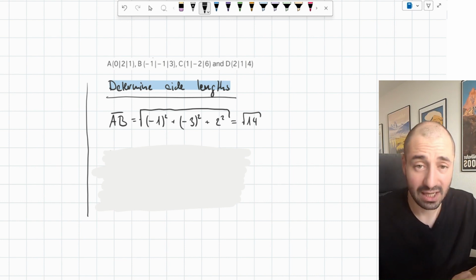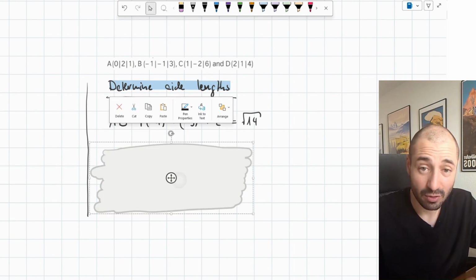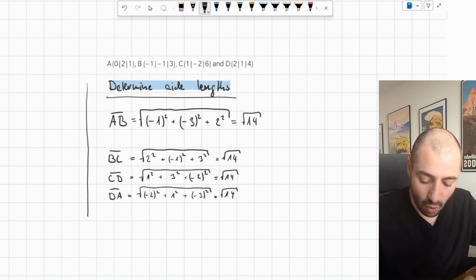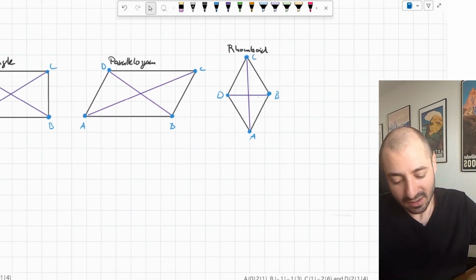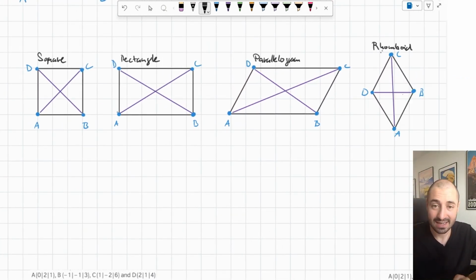Means the side length of AB is square root of 14. We calculate the other side lengths, which I already did here, and we will notice that all 4 sides have the length square root of 14. So from this, we can conclude that it is either a square or a rhomboid.